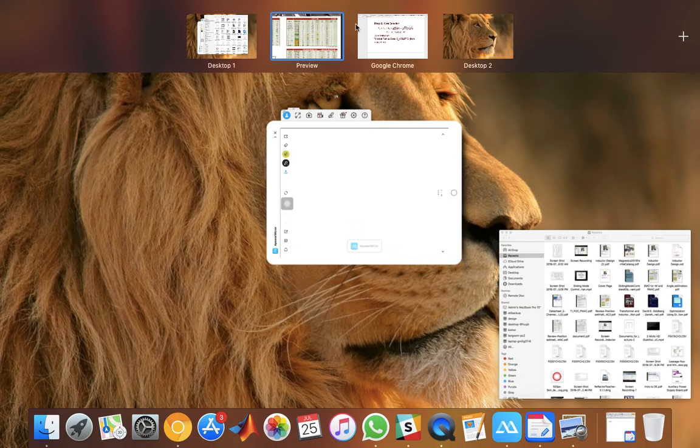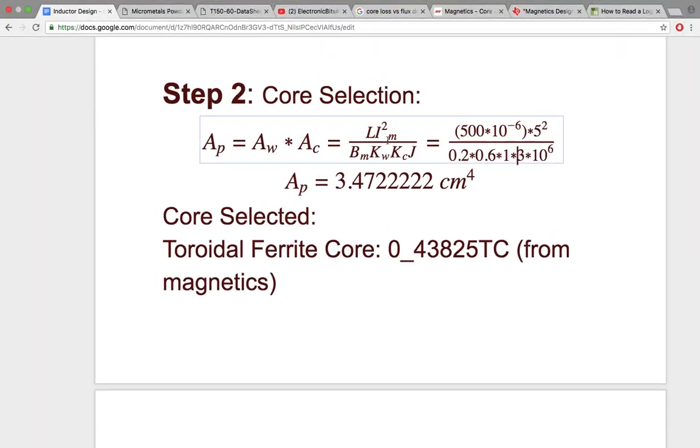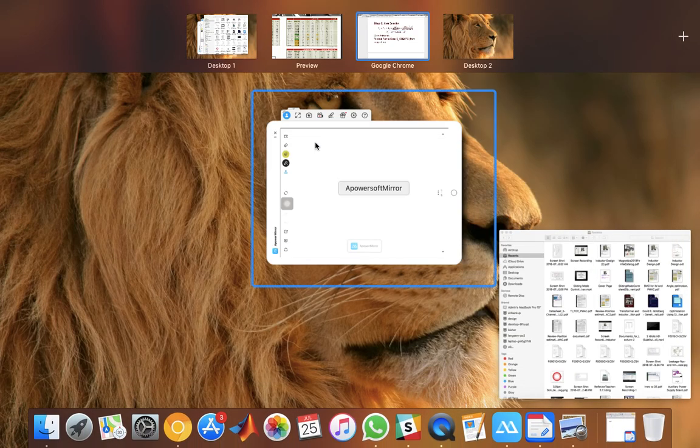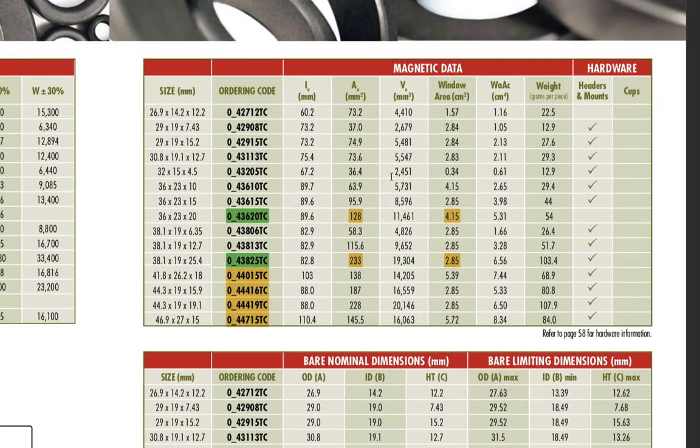Our requirement is an area product of around 3.4722 centimeter power 4. So you can find the product of the cores and select your required AP. These are the two cores which I have highlighted here. You can see the area product of both is higher than that, and the cores lower from here also have area product higher than the required one.